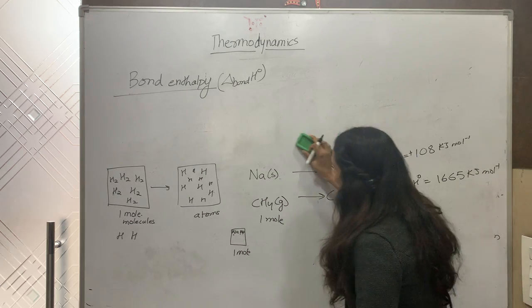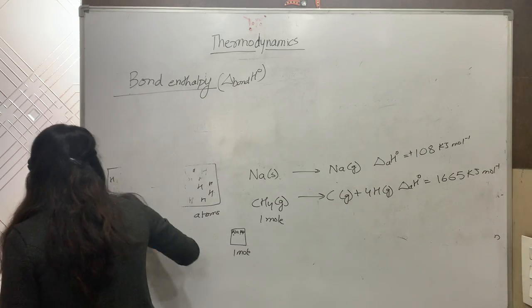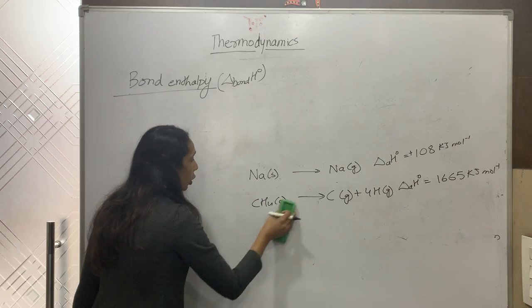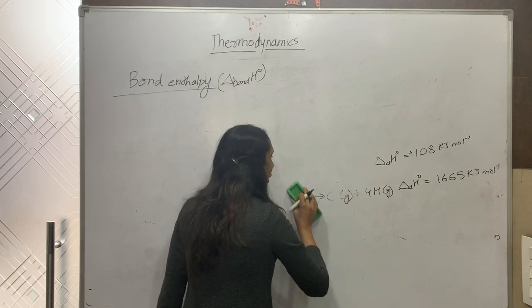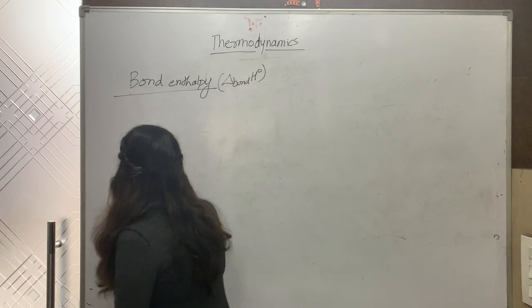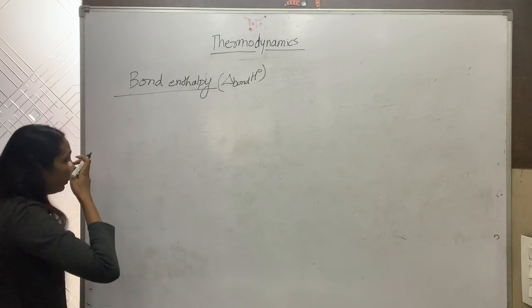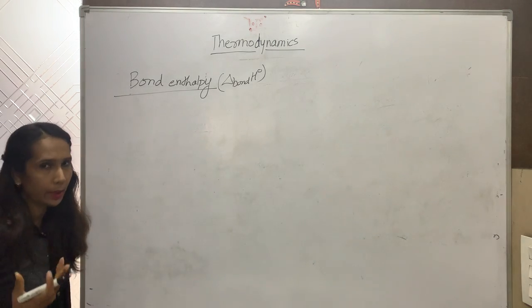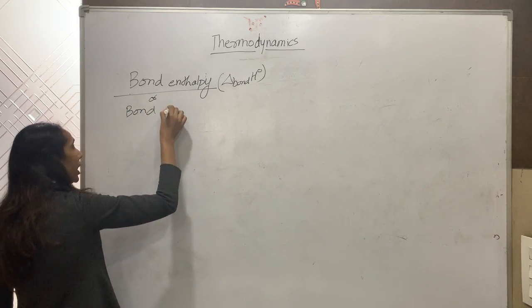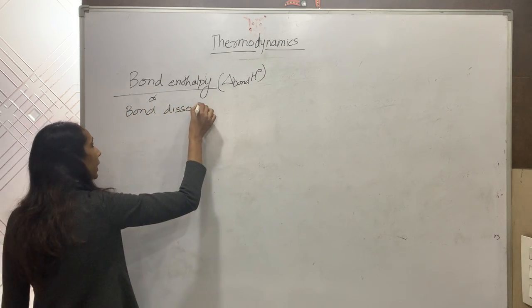Now what is bond enthalpy? Bond enthalpy is the energy required to break 1 mole of bonds of same type between 2 atoms. Bond enthalpy is also called bond dissociation enthalpy. You can also call it as bond dissociation enthalpy.